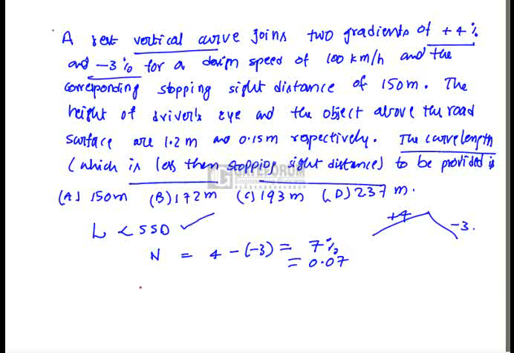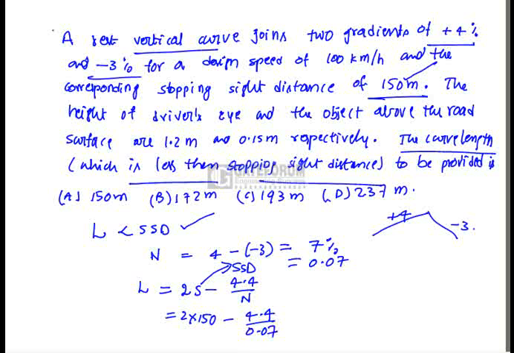From this condition we know the relationship for the length of curve: L is equal to 2S minus 4.4 by N, where S is the stopping sight distance given in the problem, 150 meters. That is equal to 2 into 150 minus 4.4 by 0.07, that is equal to 237.143 meters. That implies option D is correct.